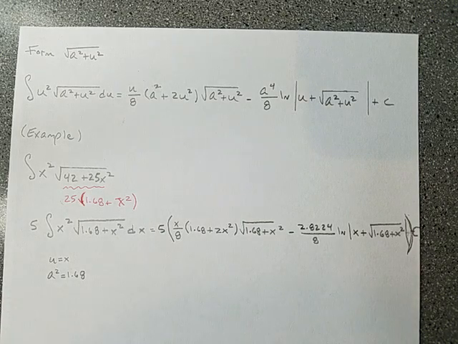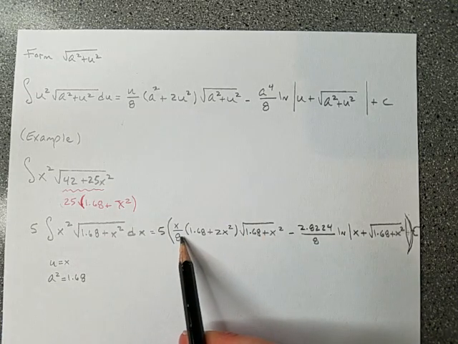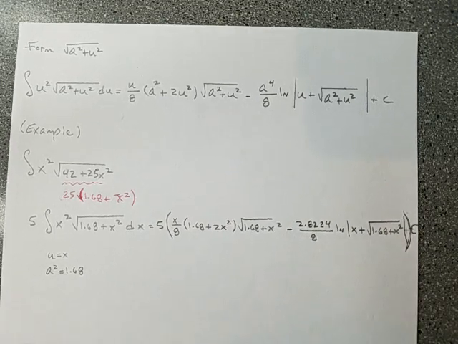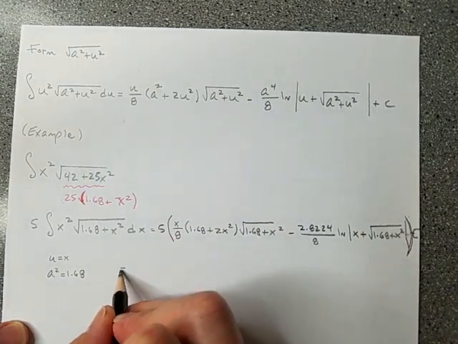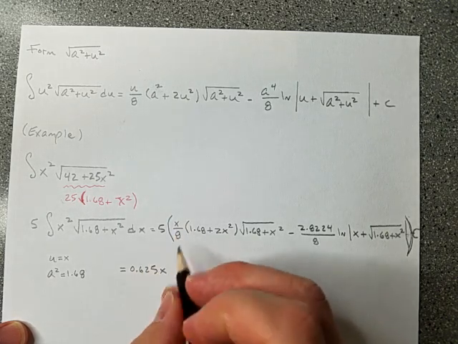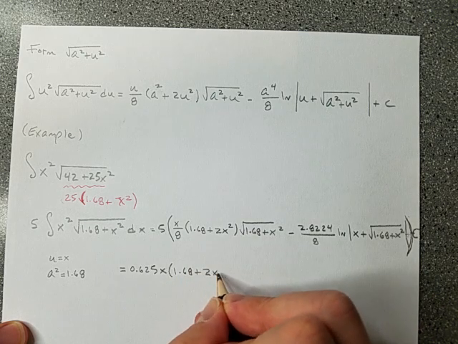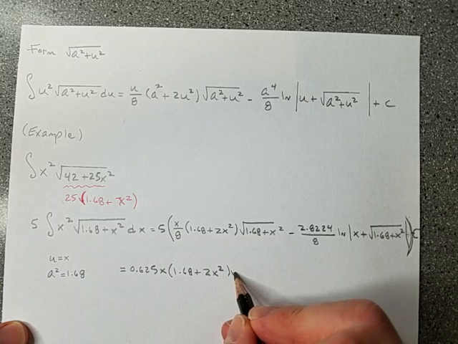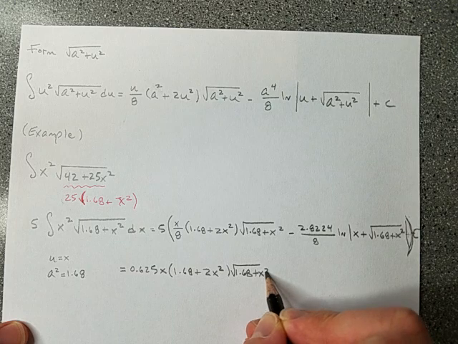All right, so here's what happens. I'll multiply by 5 all the way through here, and I'll just divide out the 8 also. That's going to be 0.625 right here. That's 5/8. So 0.625 x times 1.68 plus 2x squared, root 1.68 plus x squared.